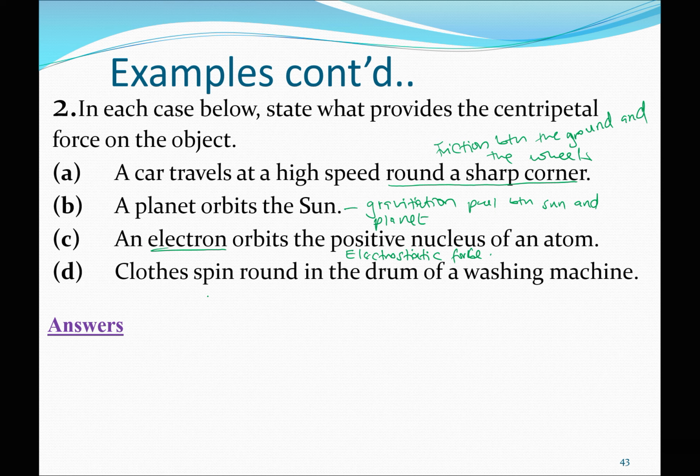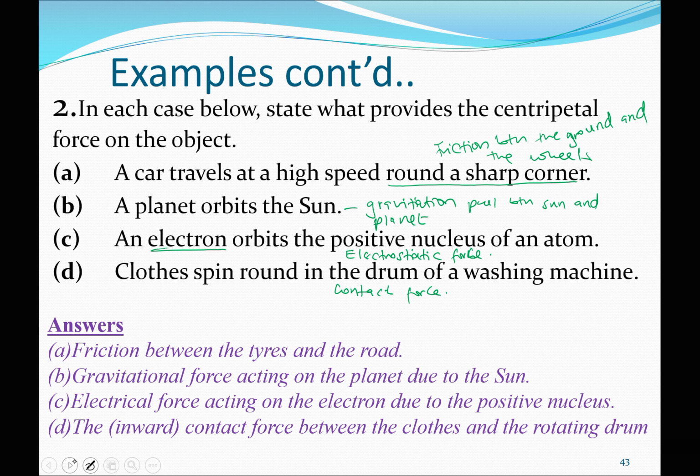Then clothes spin round in the drum of a washing machine. So I think this is the contact force, which is the normal reaction, the contact force between the clothes and the surface of the drum. Okay, so I think I gave the answers here. Friction between the tires and the road. Then gravitational force between the planet and the sun, or on the planet due to the sun.